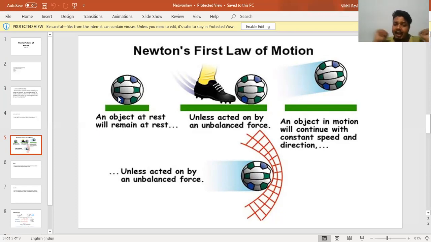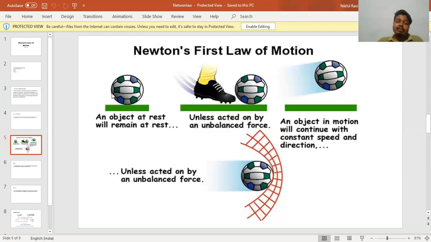I just explained this before the slide, when I took an object and explained how we can say that is the force. Same thing here. The object is at rest, so all the things remain at rest.